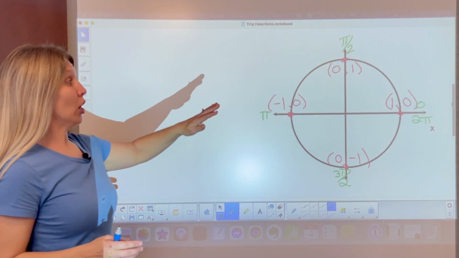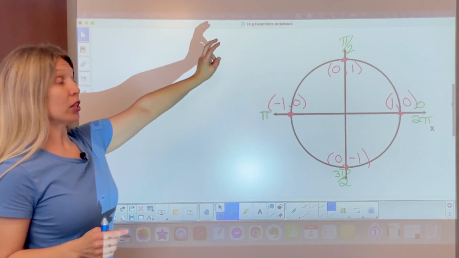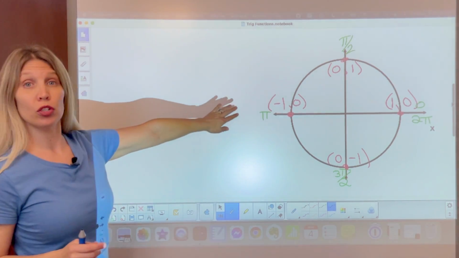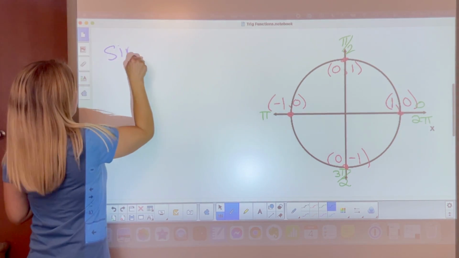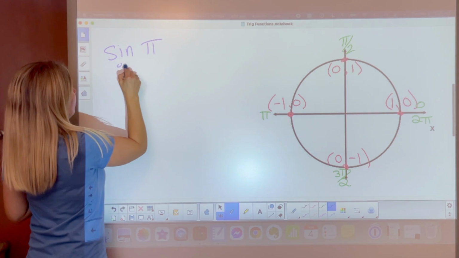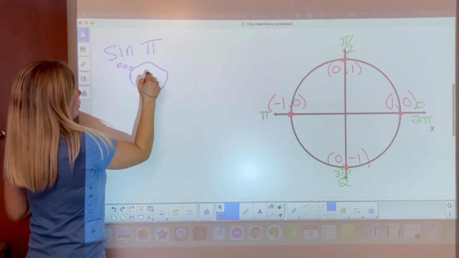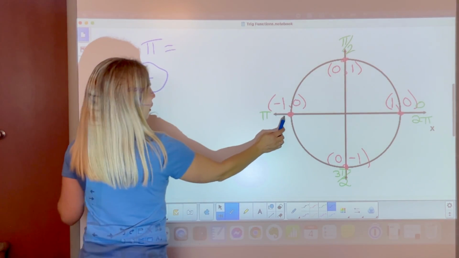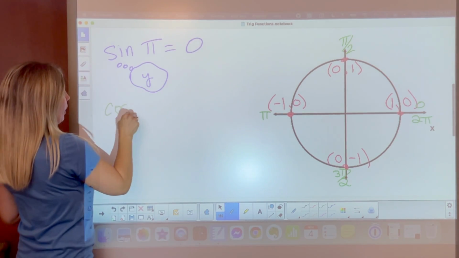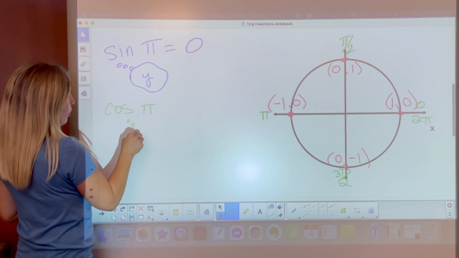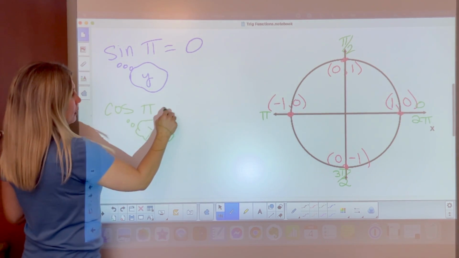Okay, so now we've done 0 and 2 pi, and we've already done pi over 2. So now we're going to do all these trig functions at pi. So sine at pi, remember sine in your thought bubble is your y value. What is your y value at pi? 0. Now we'll do cosine of pi. And remember, cosine you gotta be thinking is x.